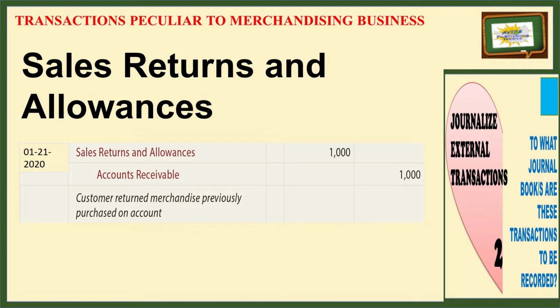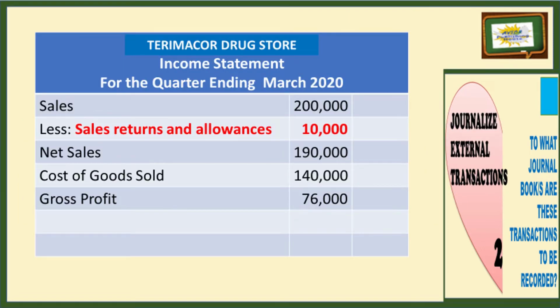So instead of debiting sales and crediting accounts receivable, a new account is created. This is sales returns and allowances. So we would know what are the causes of the sales reduction. So this is presented in the income statement as a deduction to sales.